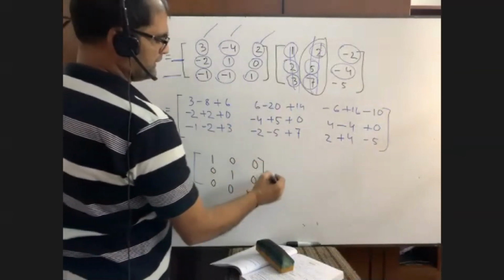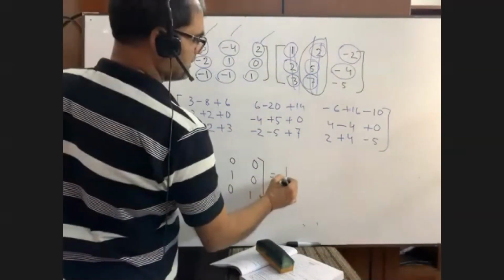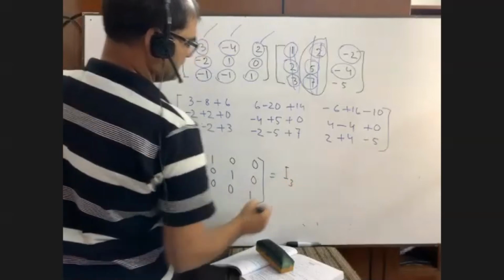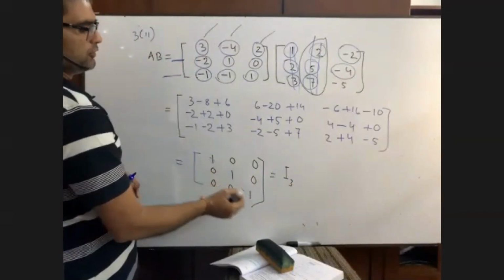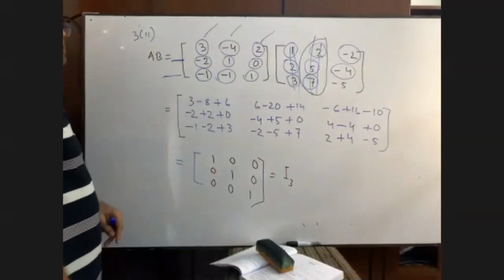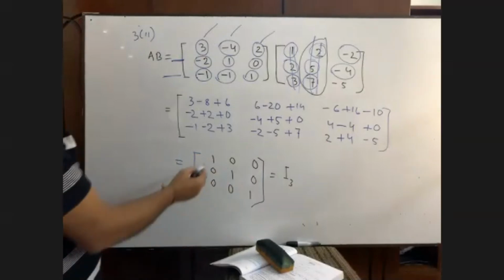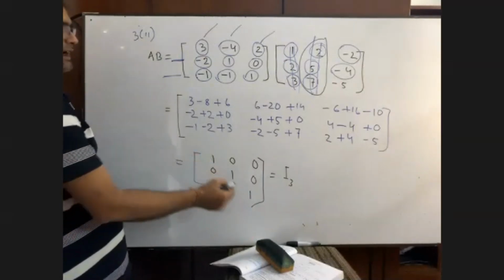Do you know it is an identity of 3 by 3? Identity means along this, 1, 1, 1, and other entries will be 0. This is called principal diagonal or main diagonal or leading diagonal.